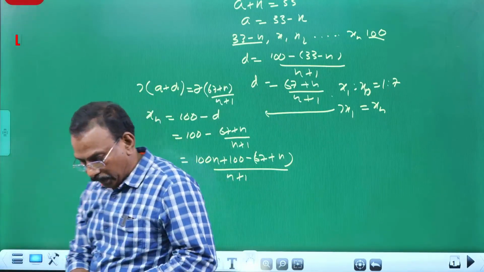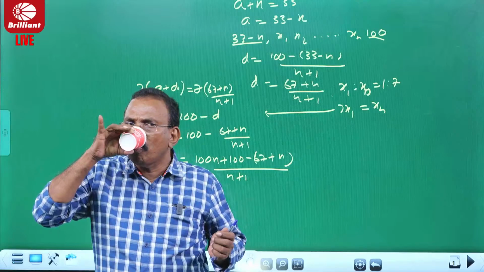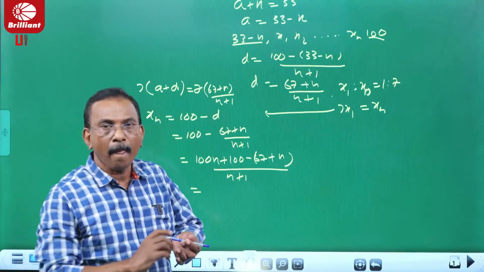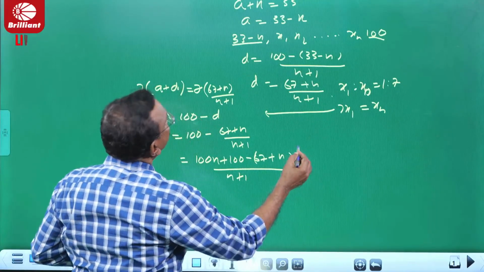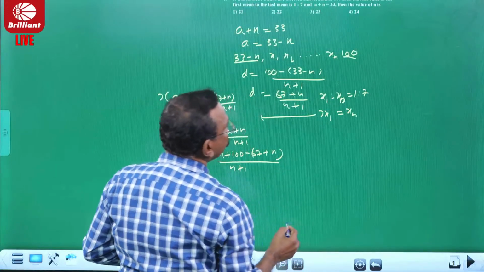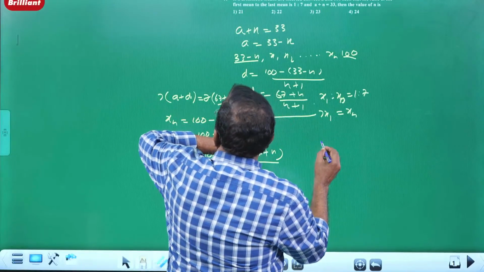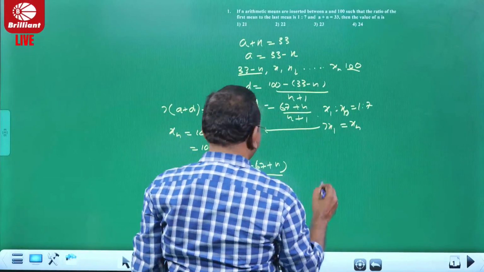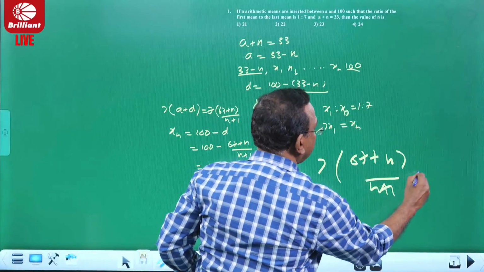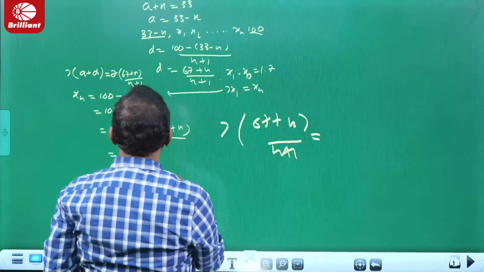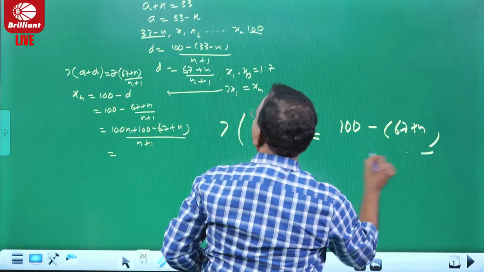So we can complete the expression in the form 7 into (67 plus n) divided by n plus 1 is equal to the right-hand side, 100 minus (67 plus n) divided by n plus 1.